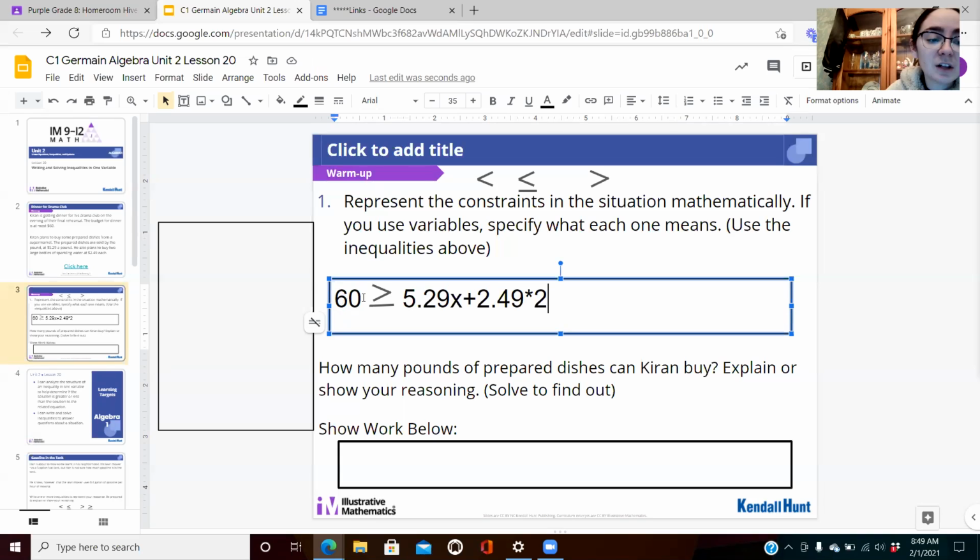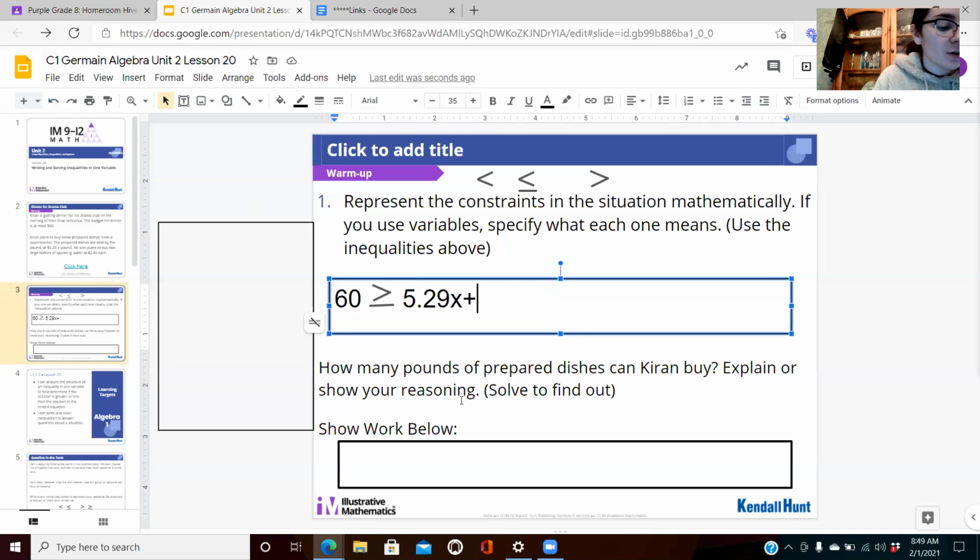Because we're saying $60 is greater than, what do you think, Gabe? Why don't you unmute and tell us, how could we simplify this even more? Multiply the 2.49 by 2 to get 4.98. Okay, very good. So you could do that multiplication, and 249 times 2 is going to get you 498.